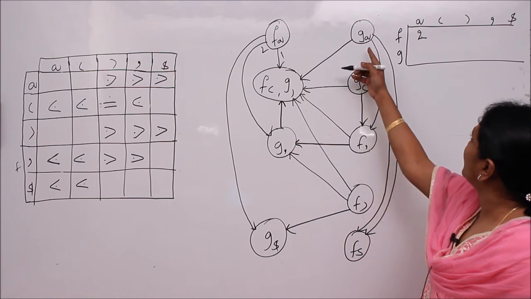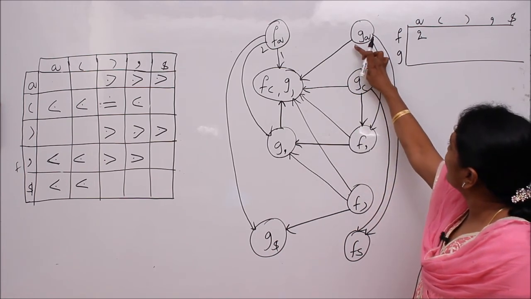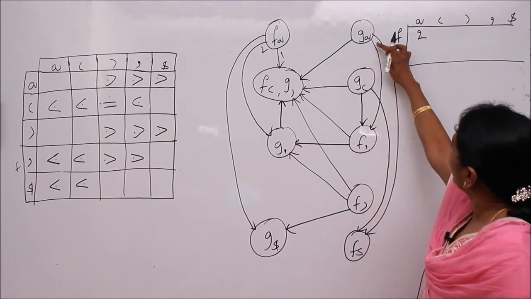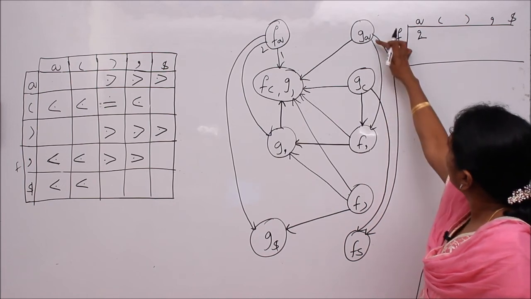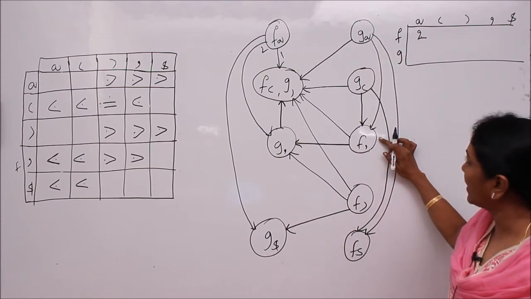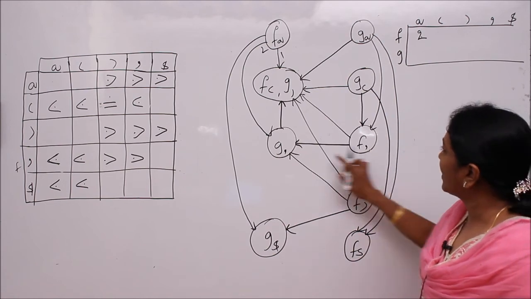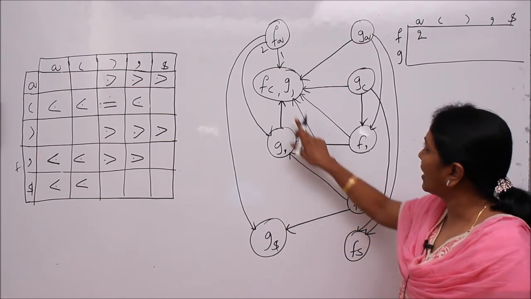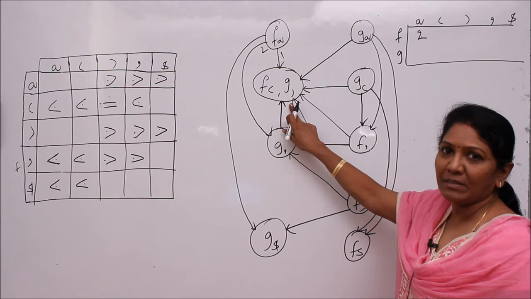Now coming to GA, it is 1 here. If I take this particular path, GA to F comma is 1, then F comma to G comma is 2, G comma to F left parenthesis is 3.